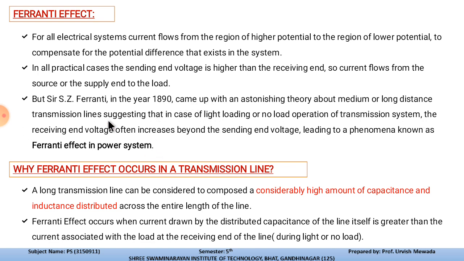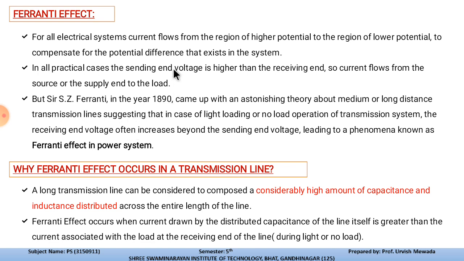As we know, the receiving end voltage is generally lesser than the sending end voltage, but the definition of the Faraday effect is that when the receiving end voltage increases above the sending end voltage, it is called the Faraday effect.